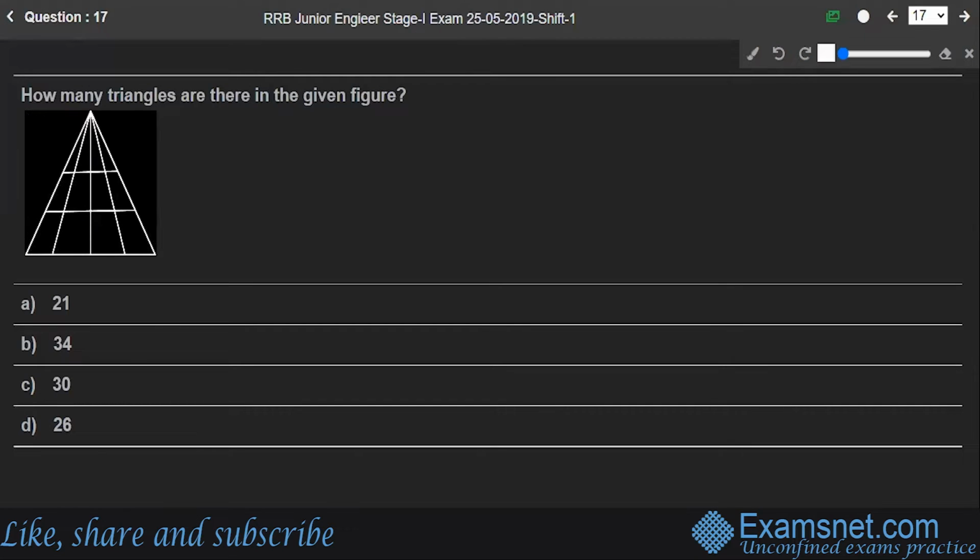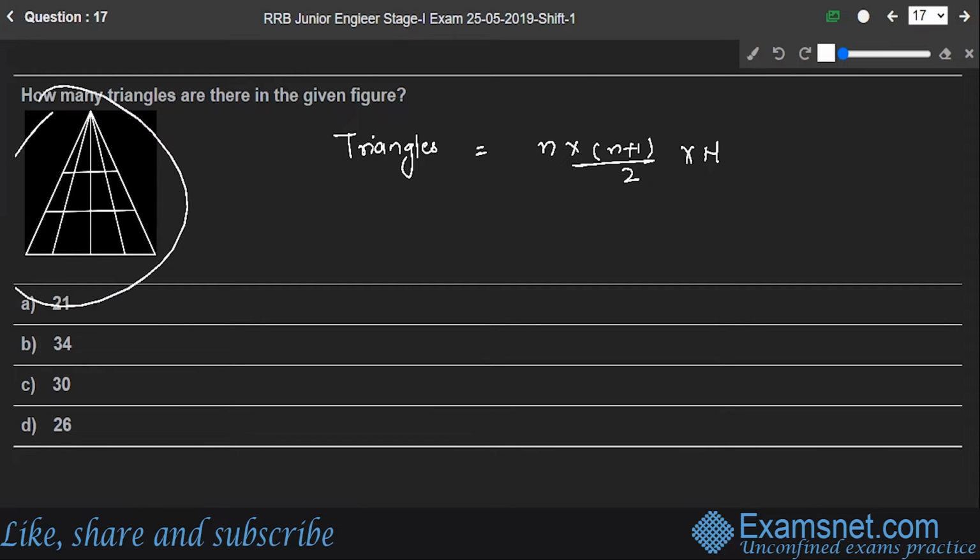So question number 17 says, how many triangles are there in the given figure? This is your given figure and you have to find out the number of triangles. Let's go for this. See, there is a general formula for finding out the number of triangles. This is given by n into n plus 1 upon 2 into h. Now, what is that h? See, if I see in such type of triangles, what do you have? If I take the number of triangles from here to here as n and from here to here as h.